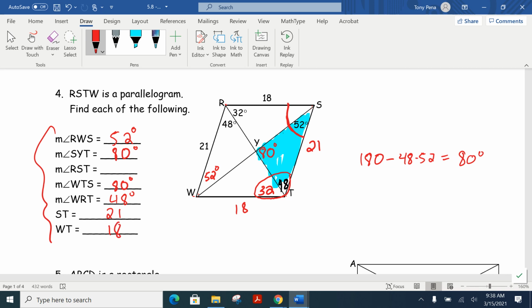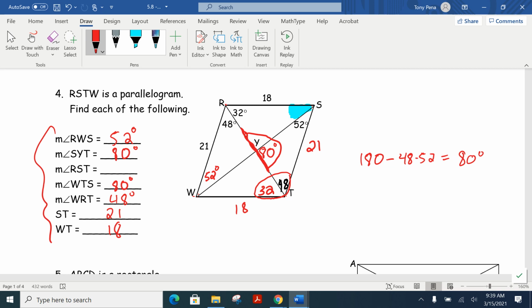So the last little bit of work is trying to figure out what this angle right here is. RST is the missing angle. This full angle is what we need, but we need to figure this one out first. So look right here. Notice how this is a line. Doesn't a line, linear pair, all the old stuff, mean these two angles have to add up to 180 degrees?